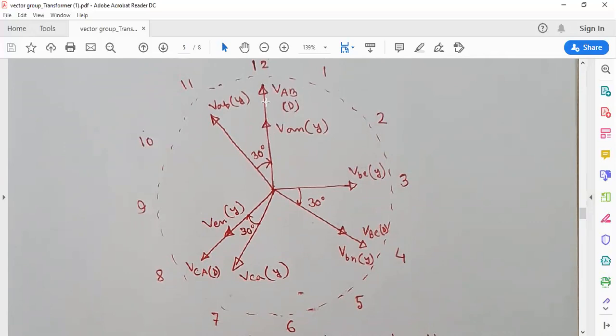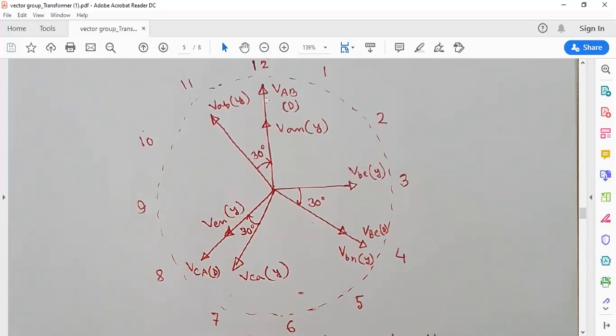I want to remind you that you cannot say that we have applied a voltage VAB which is in 12 direction and we get a voltage VBC which is in 3 direction, because there is an angle difference. The voltage applied and the voltage induced will always be in the same direction. So when we are drawing the connection diagram, we have to focus on which two vectors from primary and secondary are in phase.